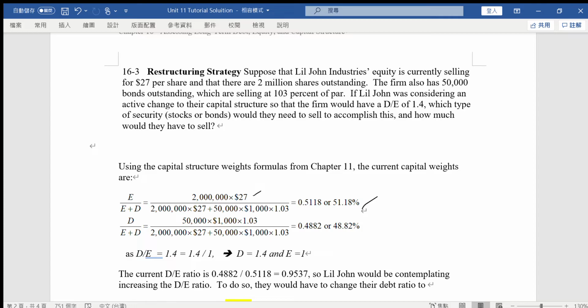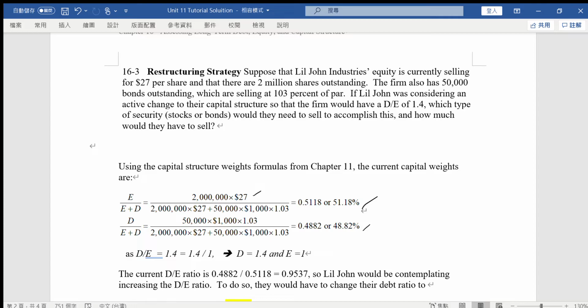The other way, you need to work out the debt. You may use 1 minus 51.18%, which gives you 48.82%, or else you work out the bond value, 50,000 times $1,000 each times 1.03, and that accounts for 48.82%.